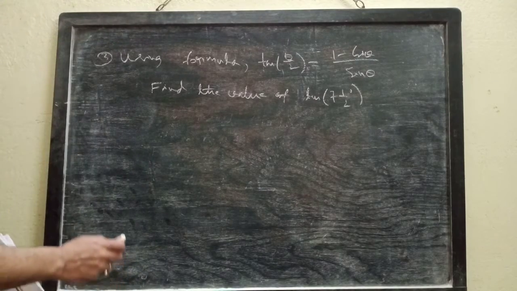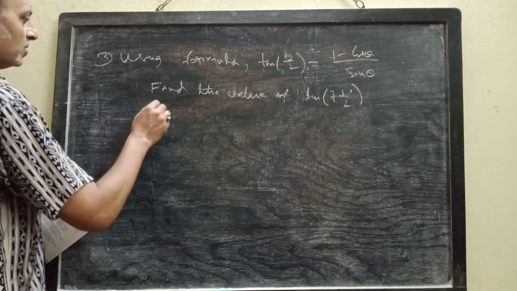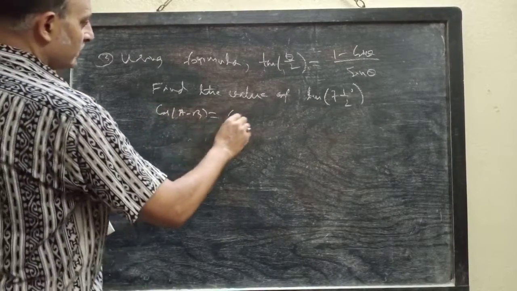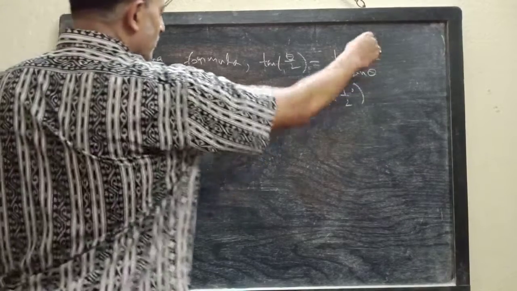You have to be provided 2 more formulas, or you are required the formula cos of A minus B. This will be required because you have to find cos 15 degree.